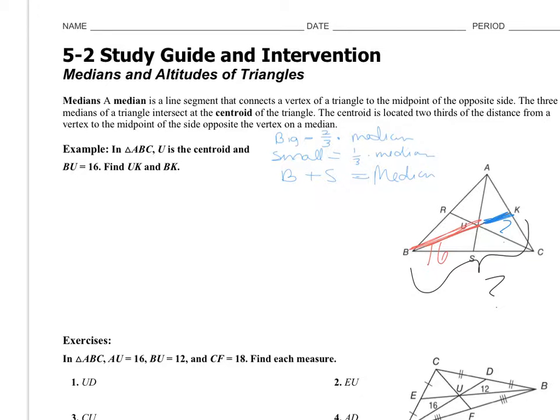So since I'm given information about the bigger portion of the segment, I'm actually going to start with that formula that we have, because I can use that to find other parts that I need. So I have the big piece, which is 16.